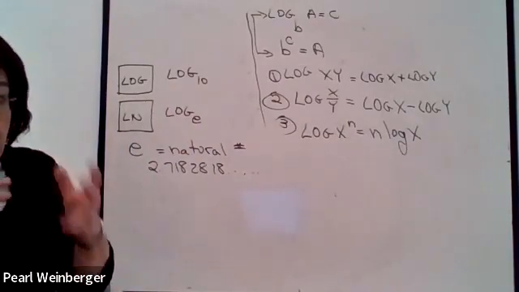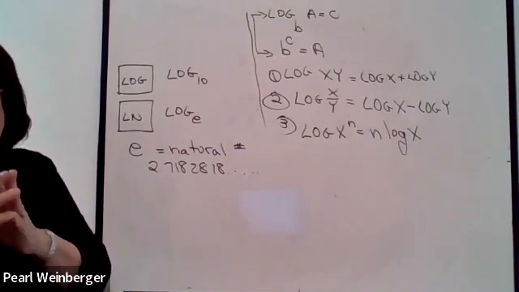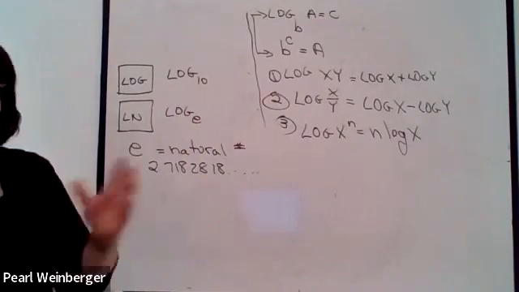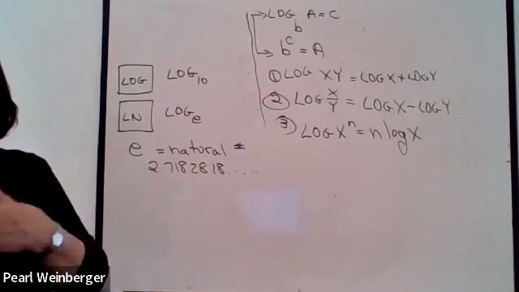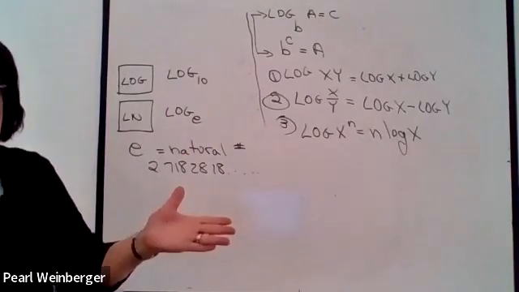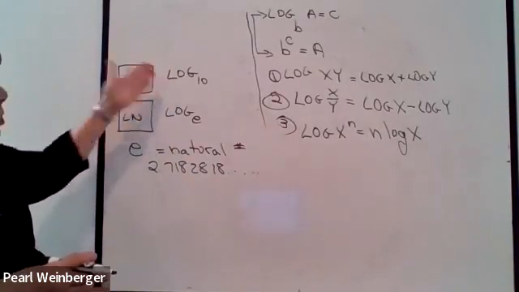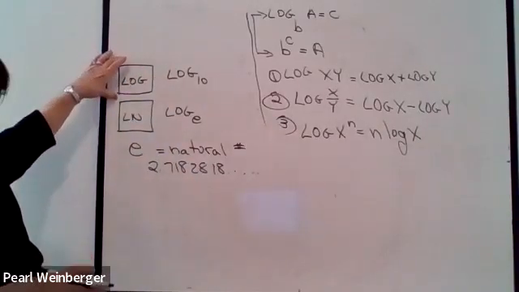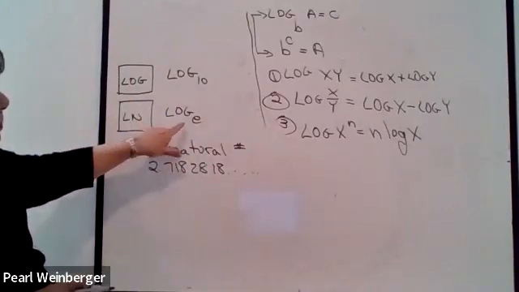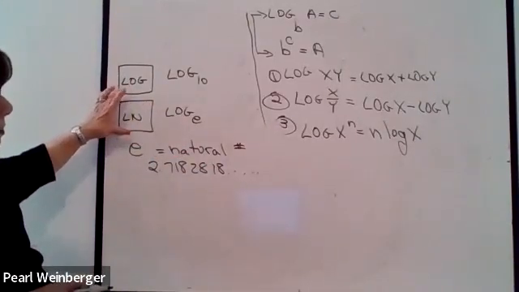Remember, every type of logarithm you're going to deal with is going to have a base. It could be the base is 2, it could be the base is 12. The base has to be a positive number, but it could be any positive number. If it's 10, then it's what we call this common log, and it's right here on our calculator. If the base is e, then it's also right on our calculator.